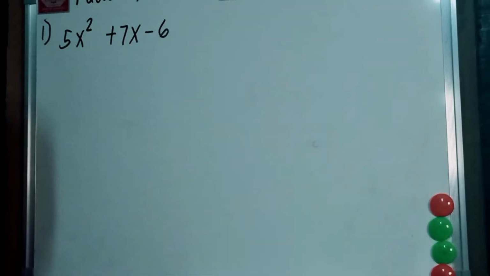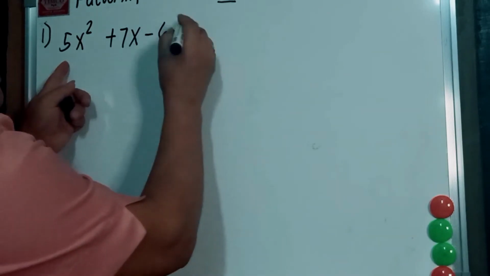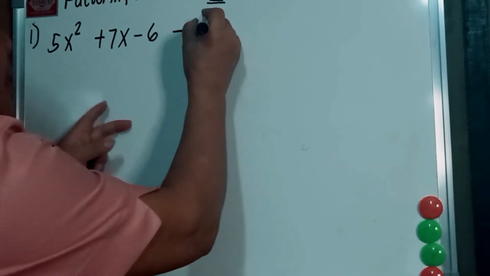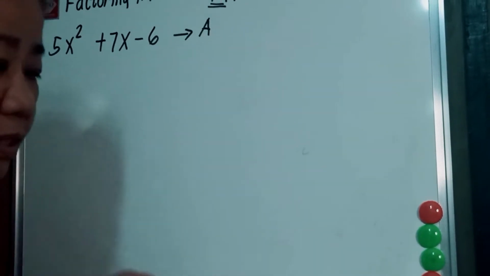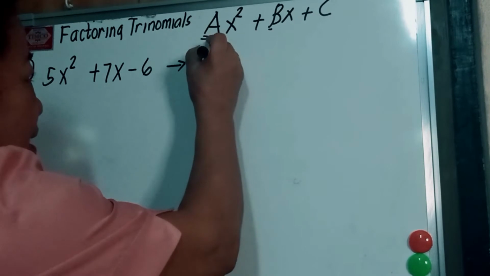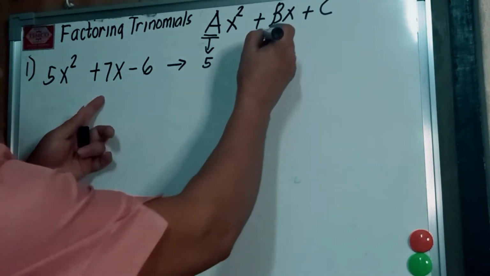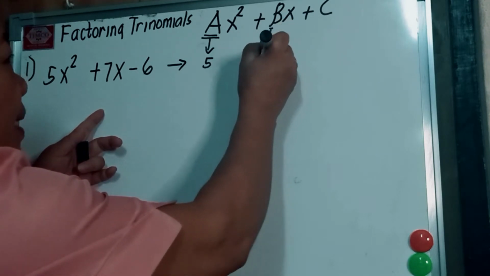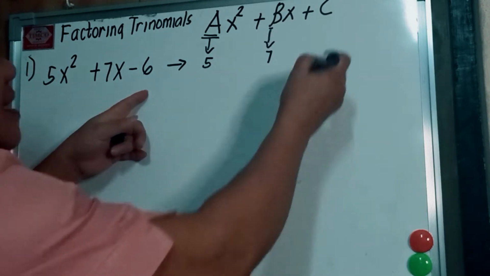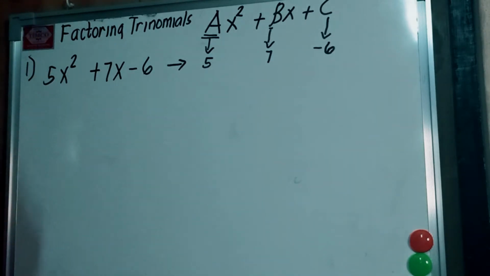Let us identify the value of A, the value of B, and the value of C. So, from this trinomial, your A is equal to 5. Your B is 7. And your C is negative 6.